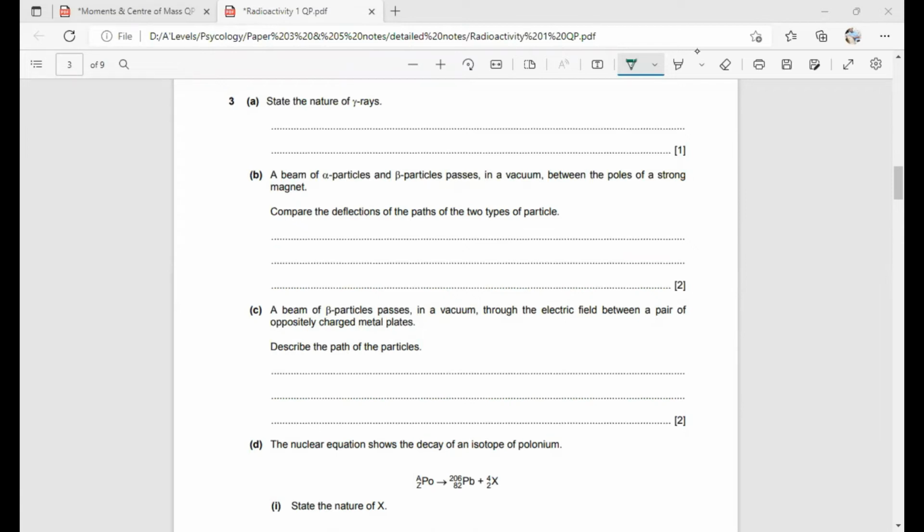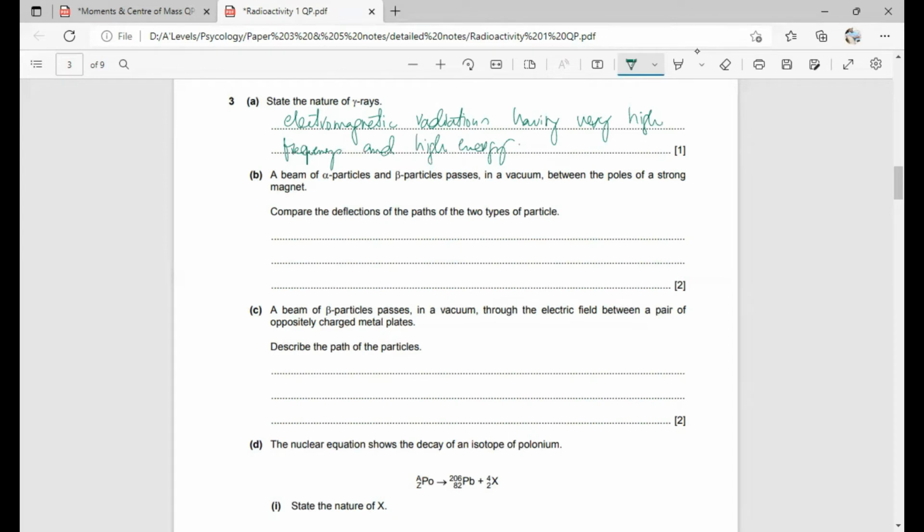Gamma radiations or gamma rays are electromagnetic radiations having very high frequency and high energy.